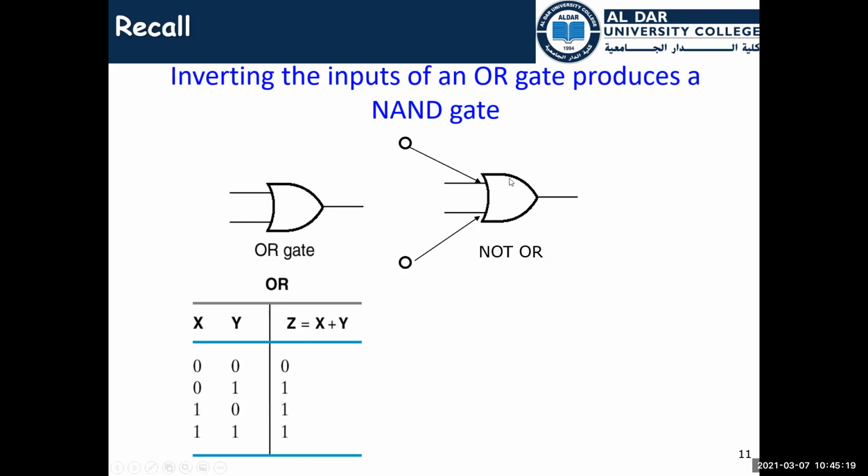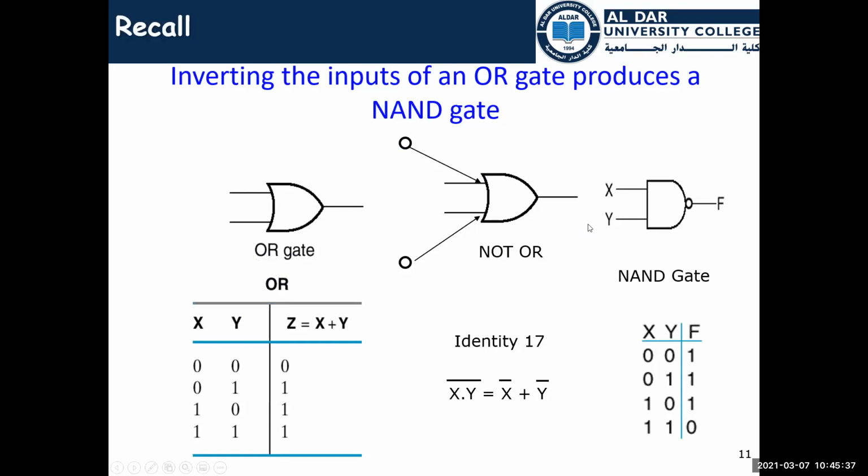For example, if I add two NOTs here at the beginning, this is x, this is exactly converting both inputs, and the NAND gate will be obtained by having these two inputs together with an inversion.